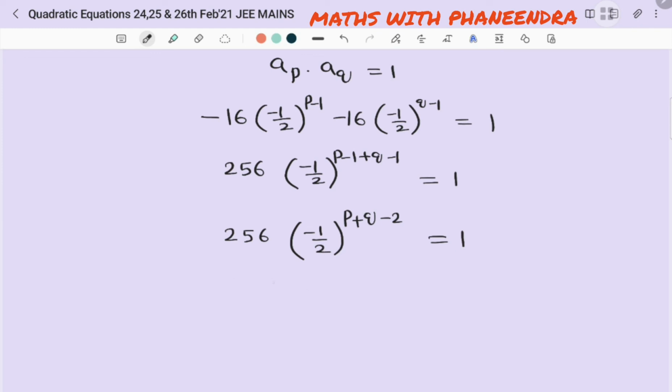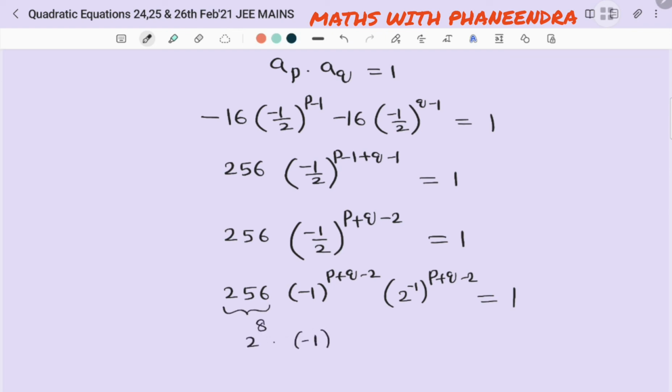Minus 1 we can take outside, and 1 by 2 can be written as 2 power minus 1, whole power p plus q minus 2, is equal to 1. Even 256 we can write as 2 power 8.